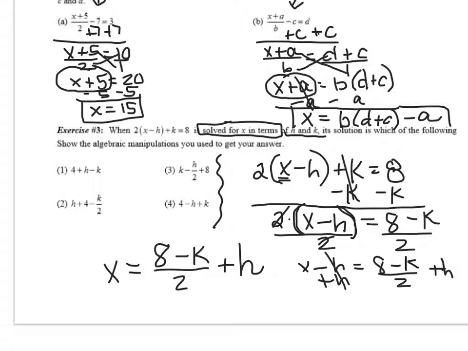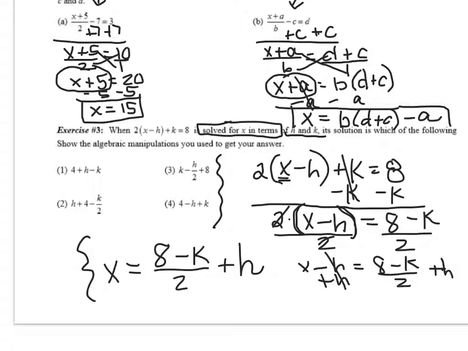Now, if you take a look at our answer choices, I don't see this up there as an answer, which means that the person that wrote this problem must have simplified our solution a little bit further. So let's see what we can do to simplify this a little bit further, and hopefully our simplified version of the answer will show up as an answer choice.